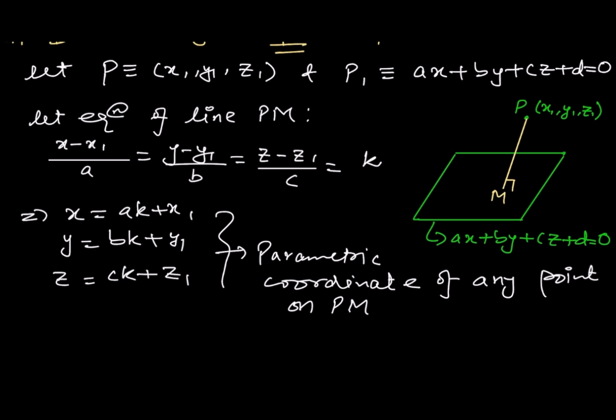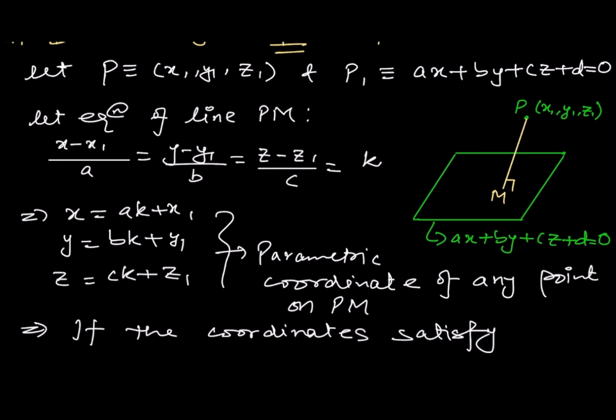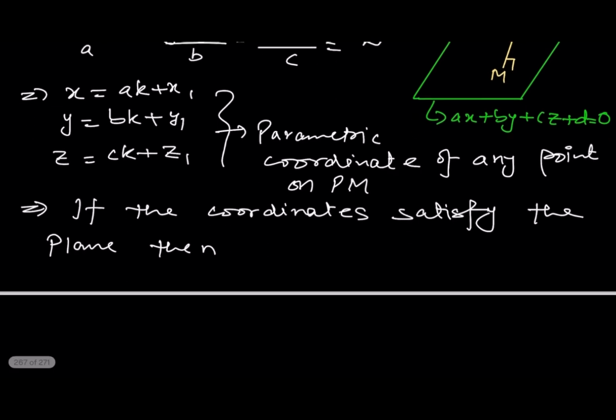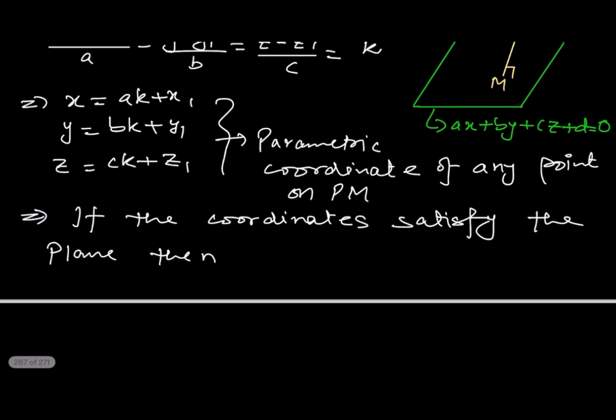So if I consider the parametric coordinates on the plane, then if the coordinates satisfy the plane, what will happen? I can replace x, y, z in the equation of plane.